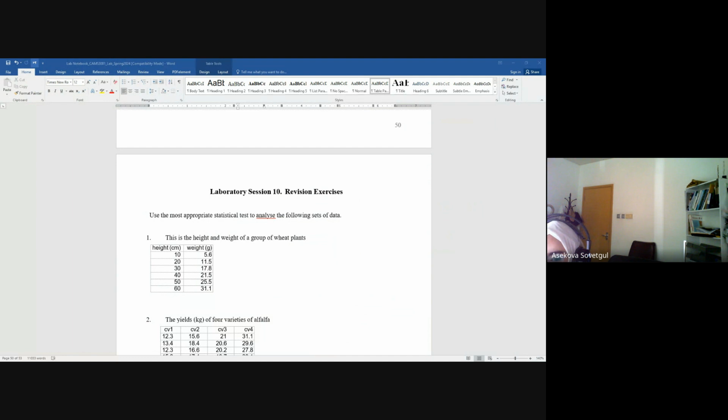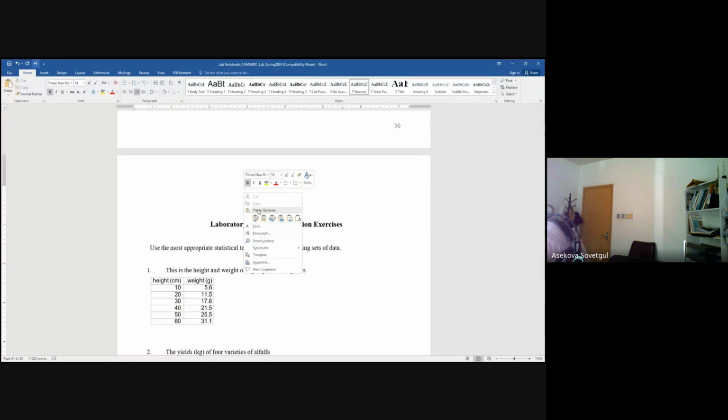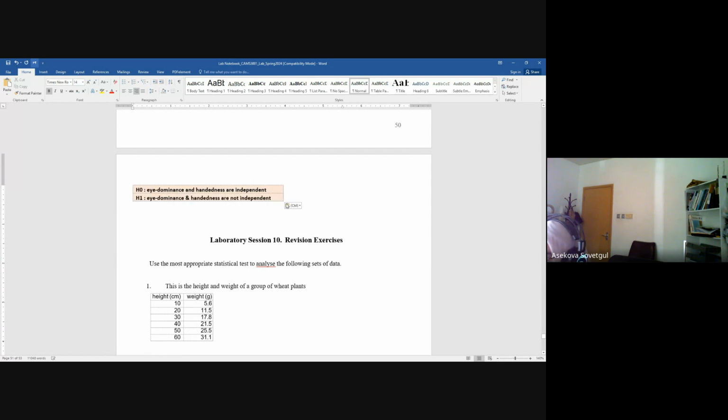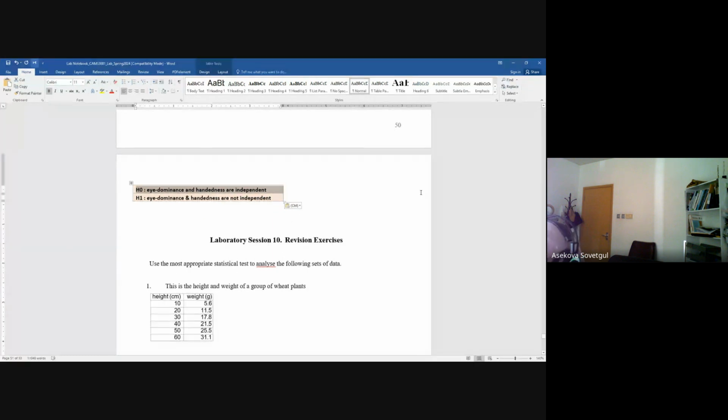For example, let me paste it in here from the Excel. You see, for example, here the eye dominance and handedness are independent. Just remember these two words.